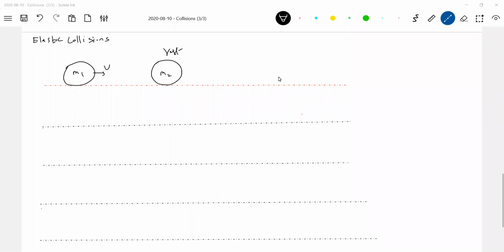The moment they come in contact, so this will come in contact. When it comes in contact, impulse will start acting.